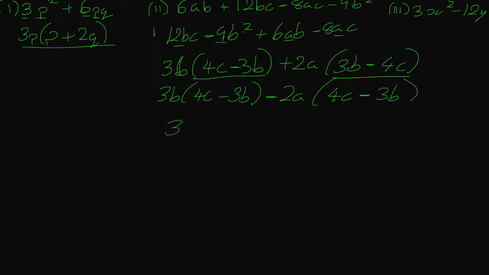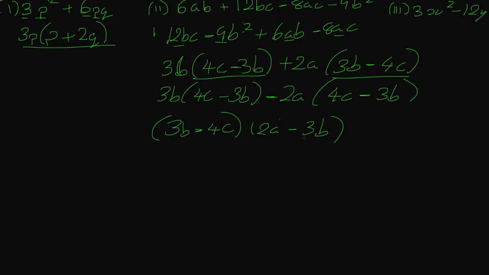Okay, so we'd have 3b minus 4c, and then we'd have 2a minus 3b. So we'd have 3b minus 4c, and then we'd have 2a minus 3b.